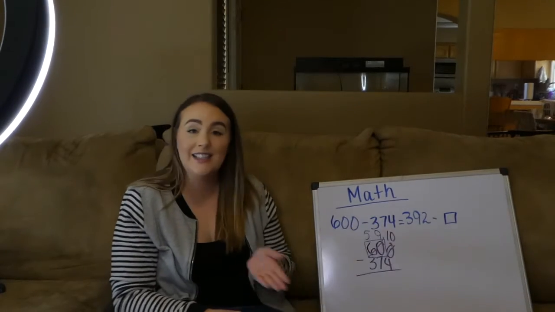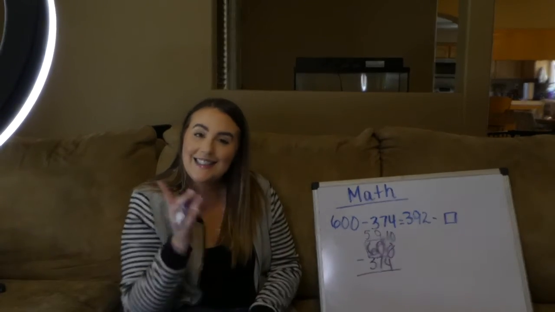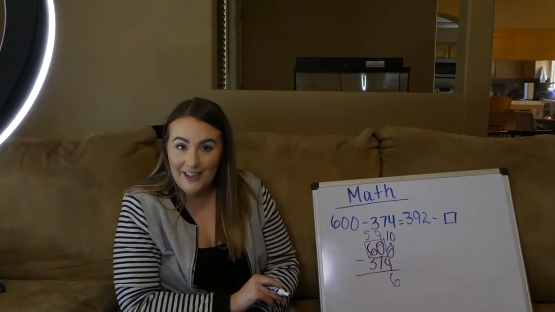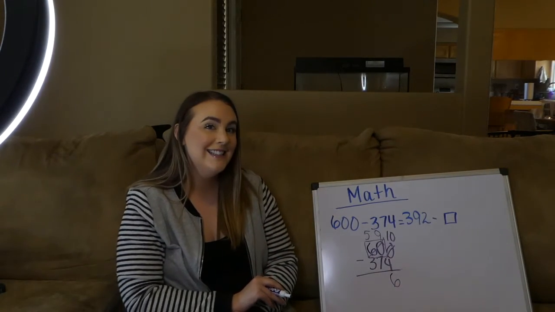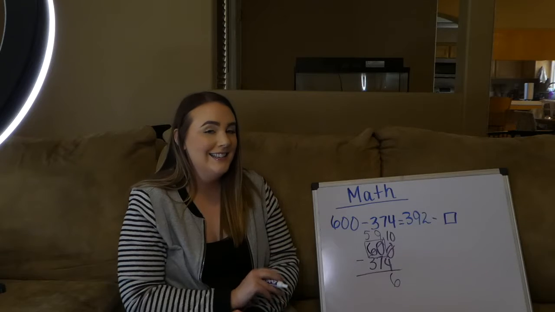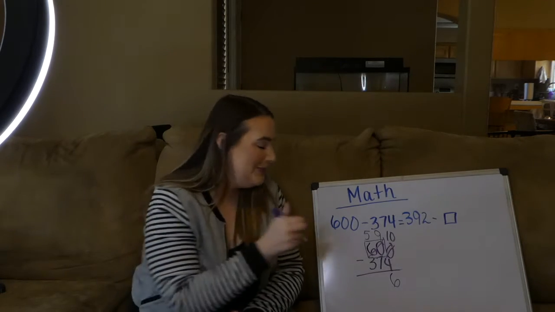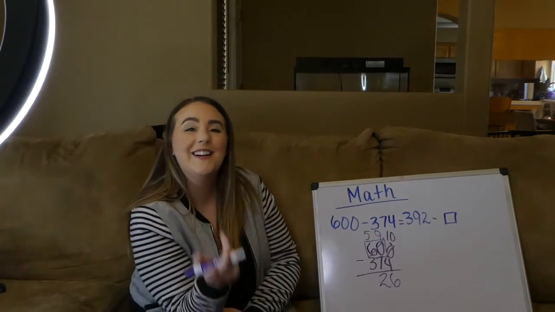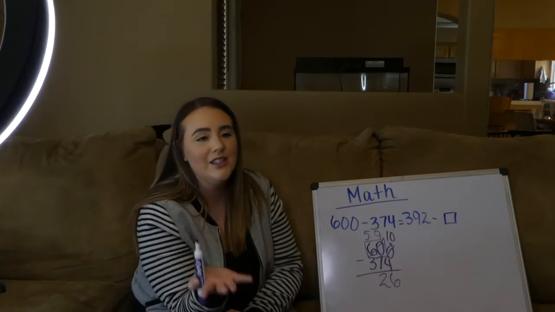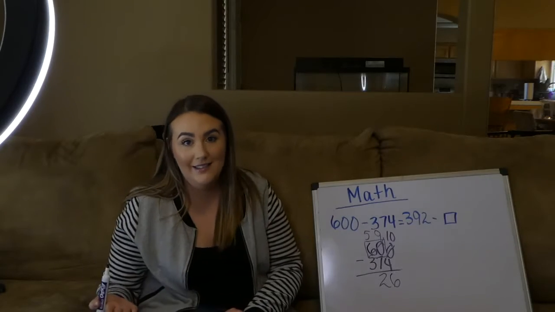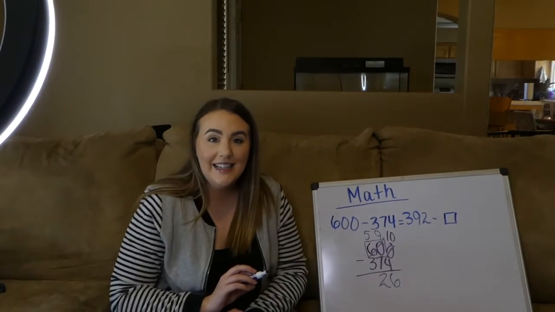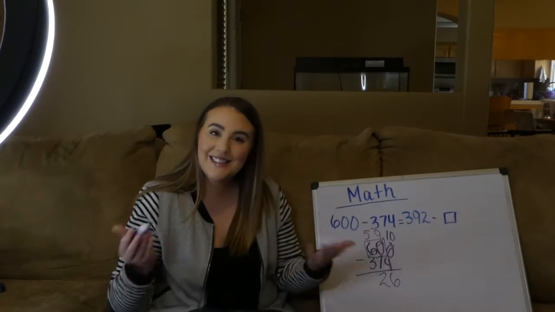What is 10 minus 4? 6. 9 minus 7 is 2. I'm giving long pauses, not because I don't know the answer, but because I want you to solve it at home. I don't want you to just get the answers from me. And the last one, 5 minus 3 is 2.